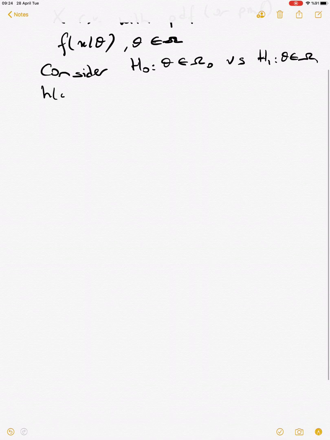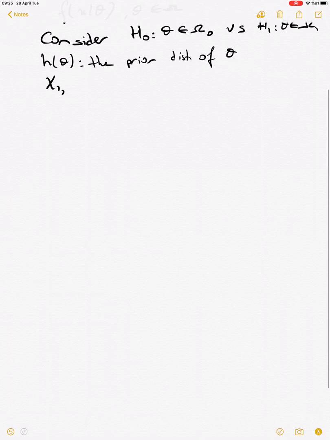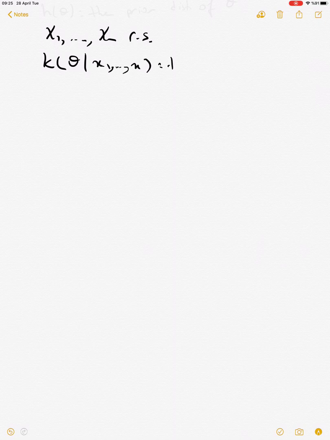And we know the prior distribution, so the procedure is the same. Prior distribution of theta, and then we are taking our sample and combining prior and sample information to get the posterior distribution. Okay, so this part is the same, posterior distribution of theta.